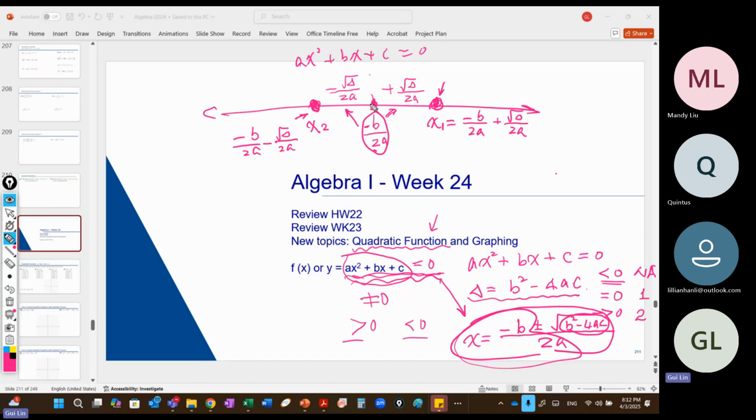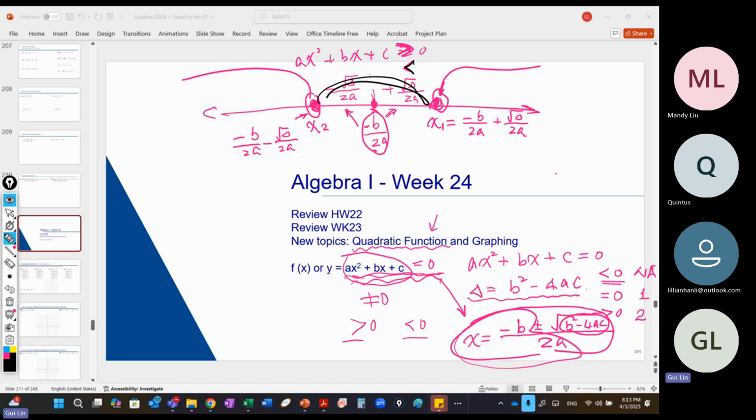So when the discriminant equals 0, it means the distance from the center dot to this dot is 0. The two solutions just combine, like merging together, right? When it is greater than 0, the solutions are outside of here. When it is less than 0, it is in between these two.